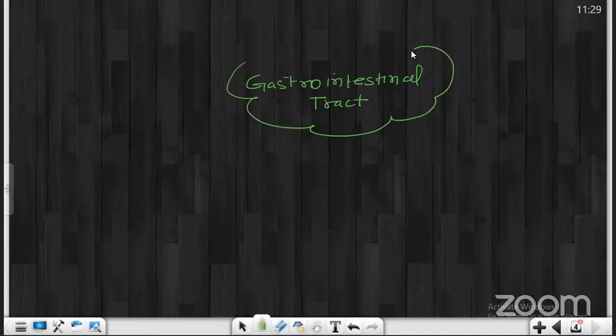Is it clear? Yes, sir. Okay, gastrointestinal, that means your intestine, gastrointestinal tract. When it contracts and when it relaxes.